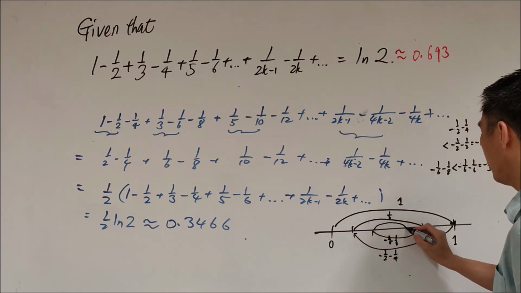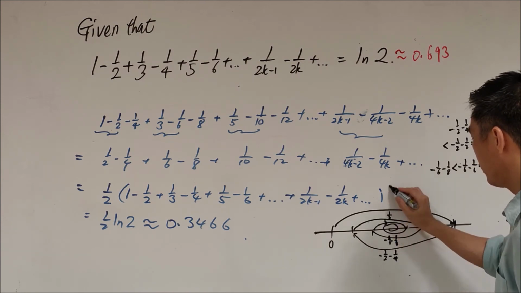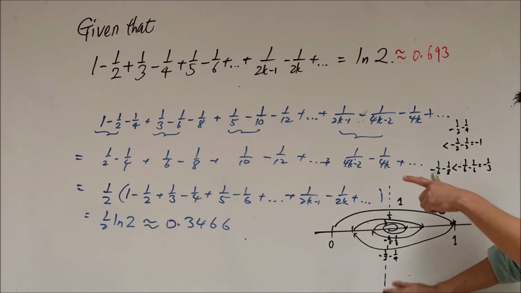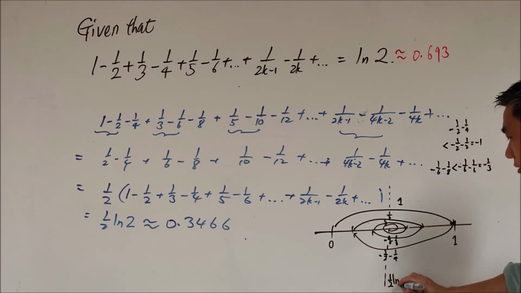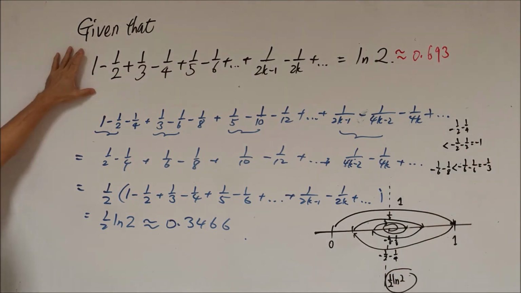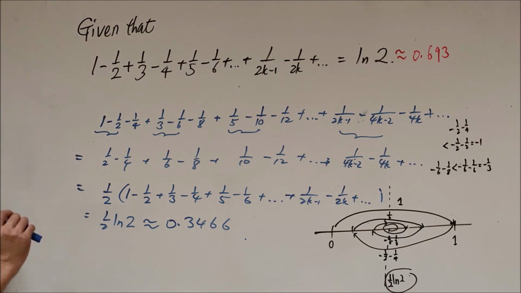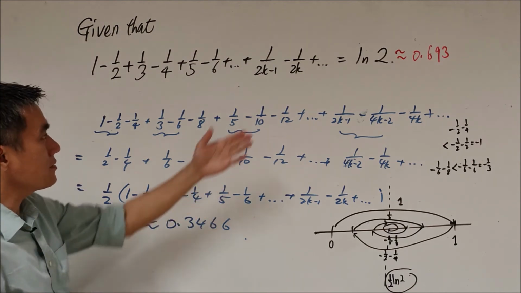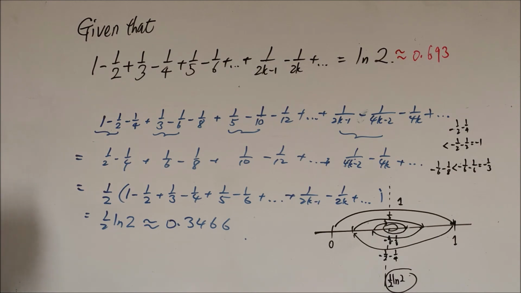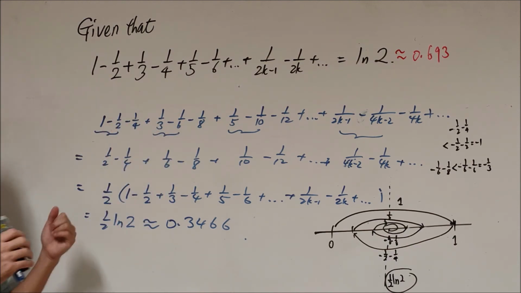And the process will go on, 1 over 5, and it eventually will reach somewhere here. From the answer, this is half of log 2. From the alternating harmonic series, we can rearrange the terms and get something that is less than the original answer. It is also possible for you to rearrange so that you can get an answer that is bigger than log 2. An example as shown.